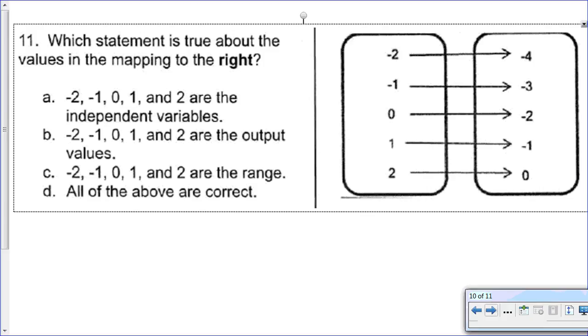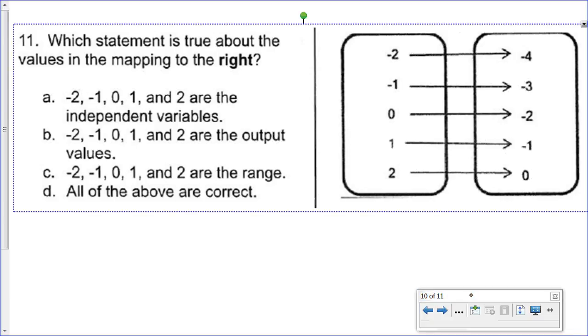Okay, so which statement is true? This is number 11: which statement is true about the values in the mapping to the right? You can think of it as, actually I've already done an analogy, back on maybe number 8 or 9.